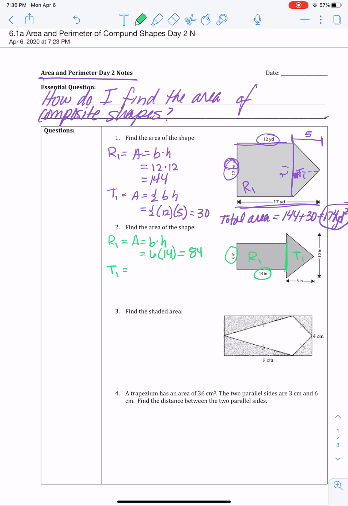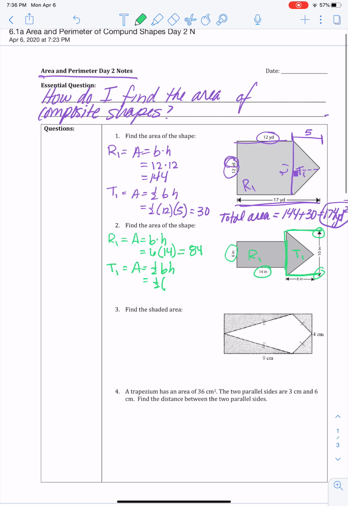The triangle area is half of base times height, so that's half. Now the base is 10. Do you see how this has to be the length of 10? So the base is 10 and the height is 8 inches. So half of 10 times 8 is 40.